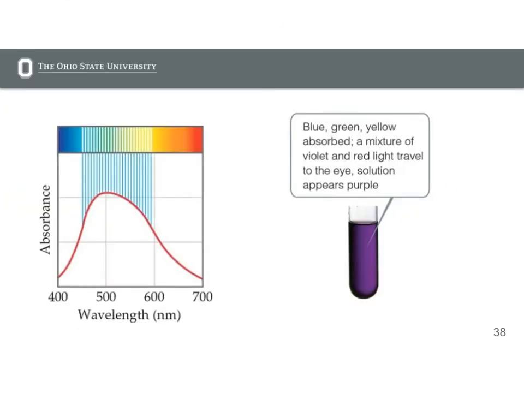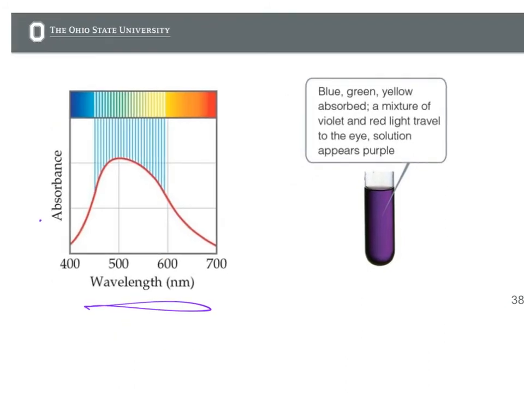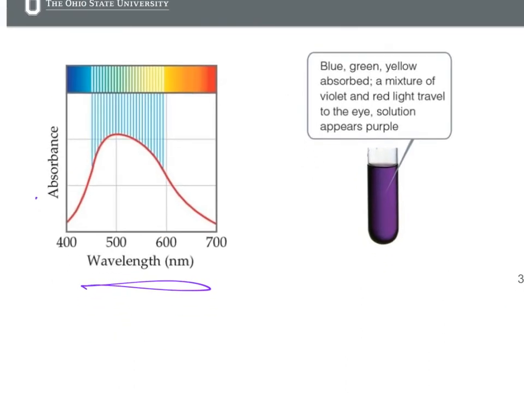All right, but what does that mean in terms of an absorption spectrum? Have you guys done a Beer's Law type experiment in lab? Okay, good. So you know that when you collect an absorbance spectrum, you are plotting on the y-axis absorbance versus wavelength on the x-axis. This is the absorption spectrum for this solution, which appears purple.